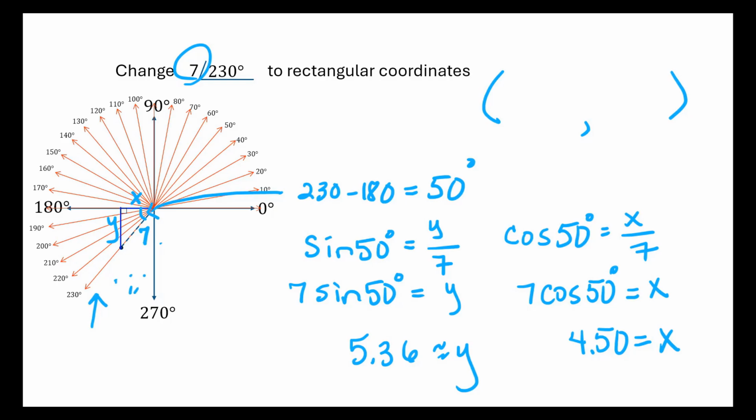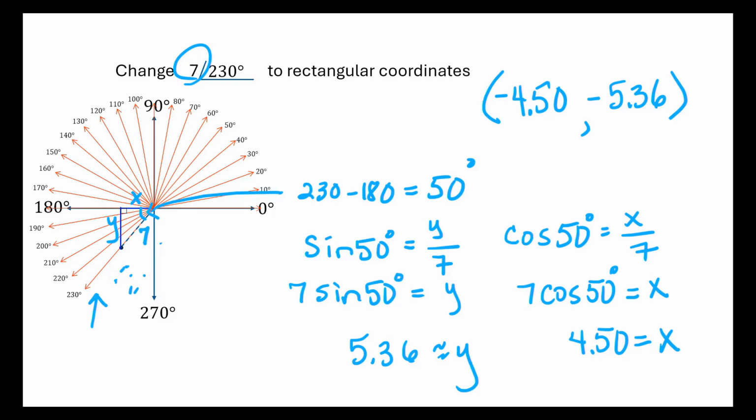So all the points over here in this quadrant have a negative x and a negative y. So we have to make sure we put those negative signs here in our answer so that we will be in the correct quadrant. So our y is negative 5.36, that goes here, and our x is negative 4.50, which would go here. So those are the rectangular coordinates of that point at 7, 230 degrees.